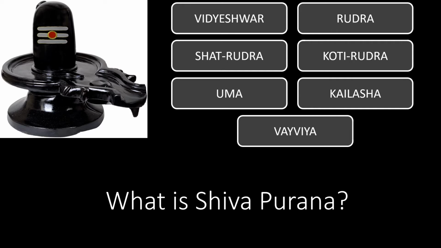The current 7 samhitas are the following: Vidyeshwar, Rudra, Shatrudra, Koti Rudra, Uma, Kailash, and Vaivya. The first Samhita, Vidyeshwar, is an overview chapter which contains details regarding the different ways of worshipping Shiva and the different benefits associated with each method.